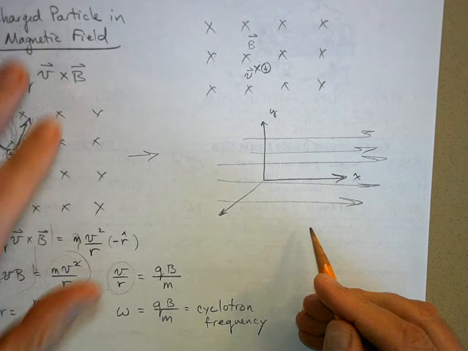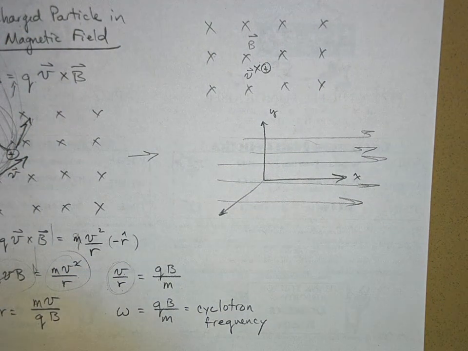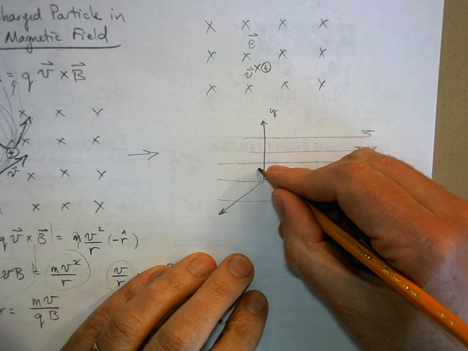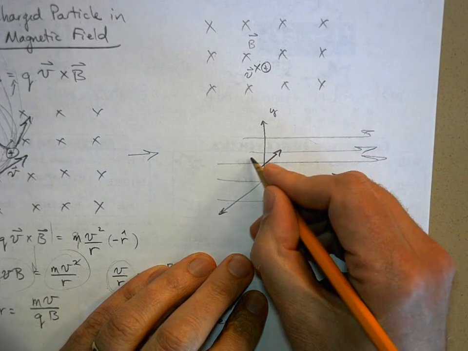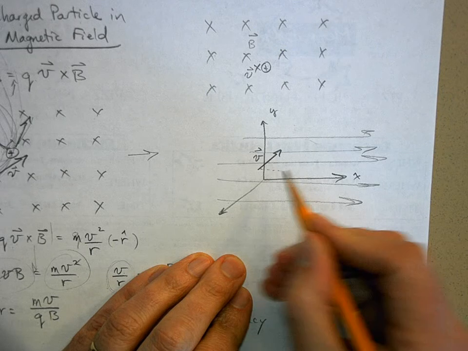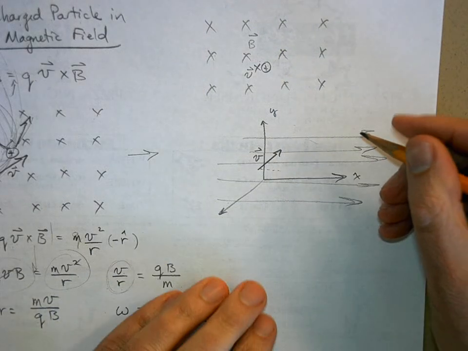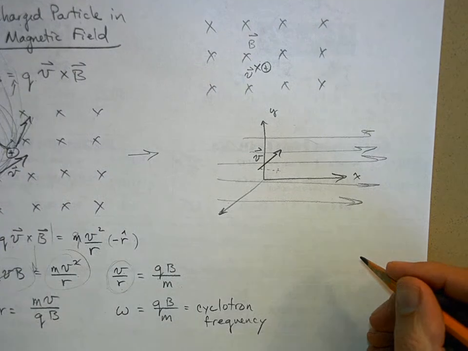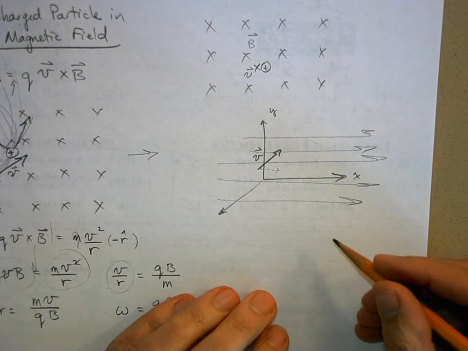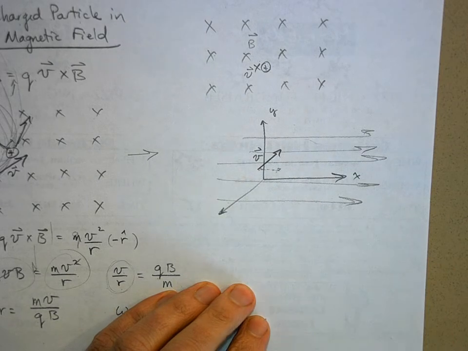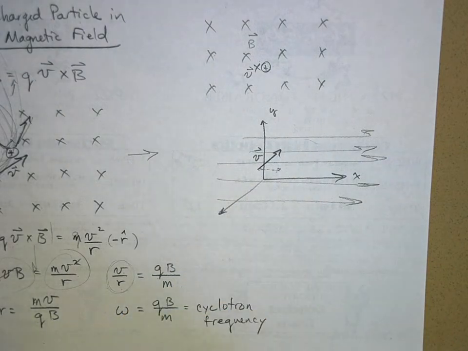And what if I shoot a charged particle and give it some velocity like this that has an X component, a Y component, and a Z component? Well, what's going to happen is the X component of its velocity is not going to have an effect.